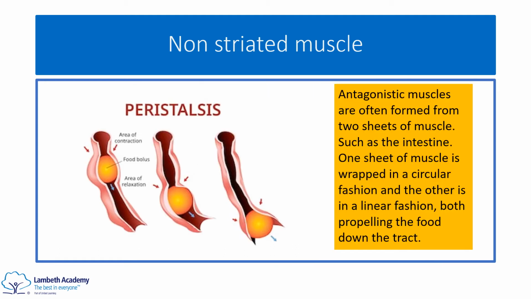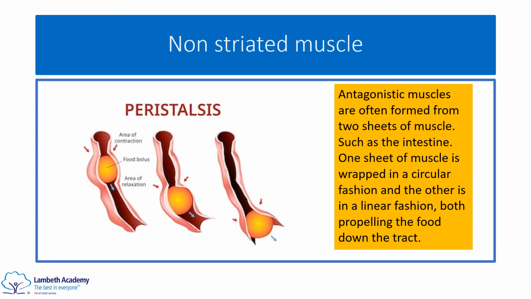A key term I got you to get down was an antagonistic muscle. Now, an example of how non-striated muscles work is looking at how they work as antagonistic pairs. An example of this would be in the esophagus or within our digestive system.